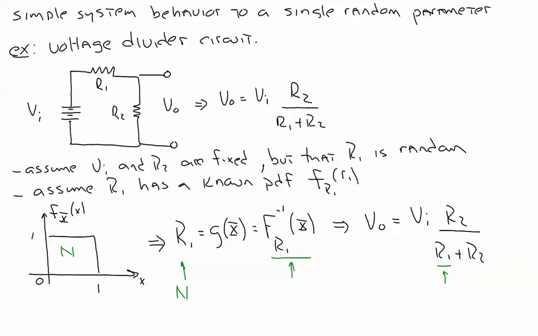Put each one of those random values R1 into the denominator of my voltage divider relationship, and come up with N values of my output voltage. Do normalized histogram analysis on V0, plot the probability density function, calculate mean, mean squared, variance, standard deviation, all that kind of stuff. All right?